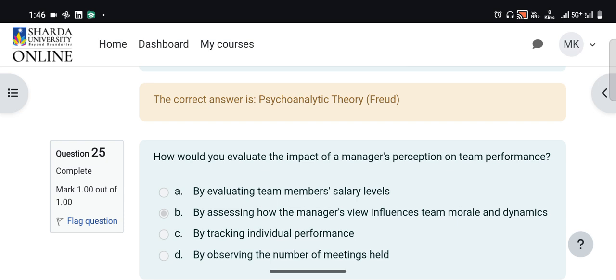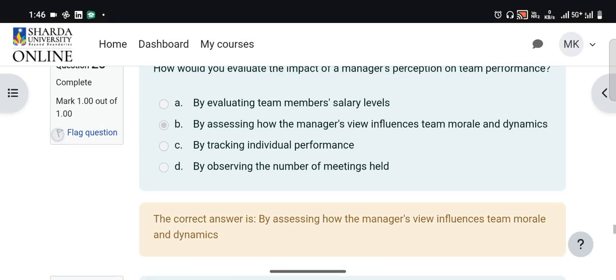Option C, by tracking individual performance. Option D, by observing the number of meetings held. The correct answer is by assessing how the managers' views influence team morale and dynamics.